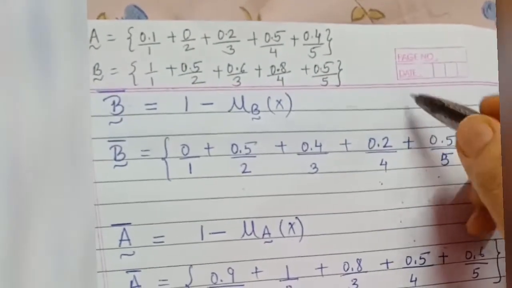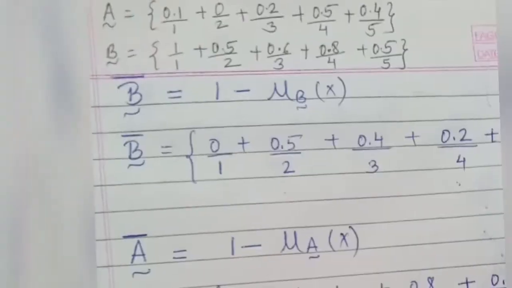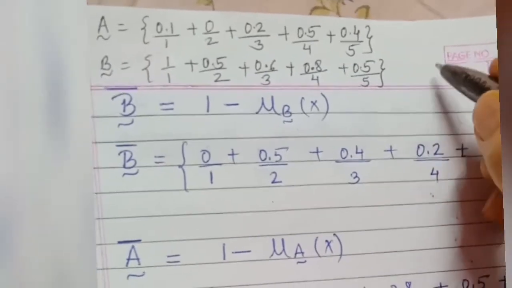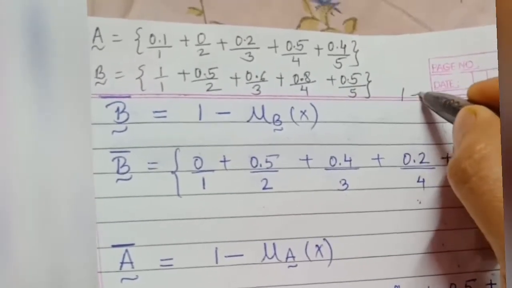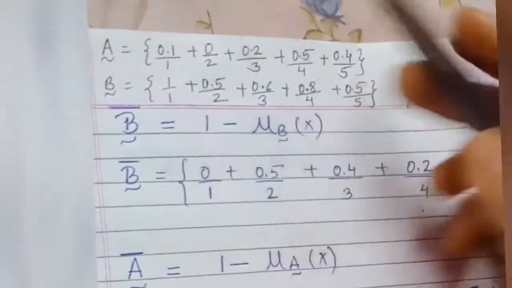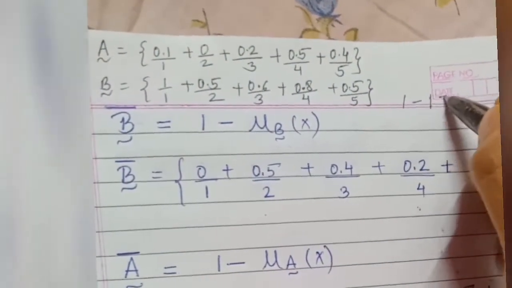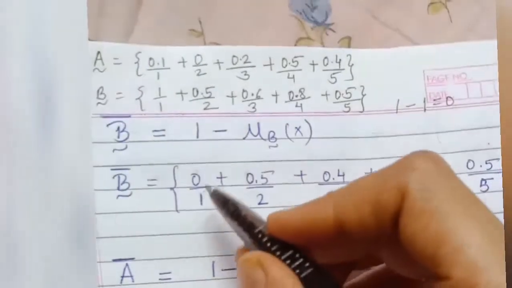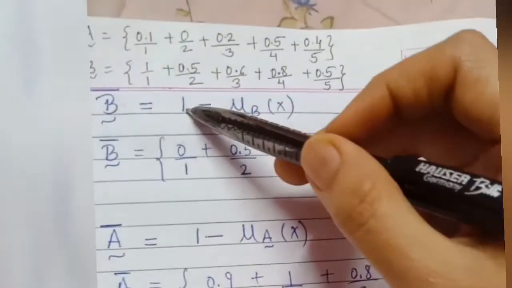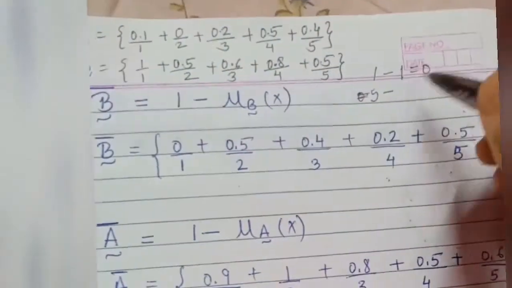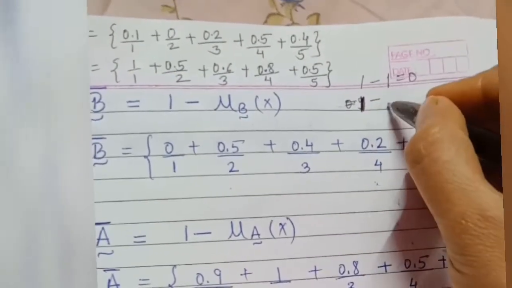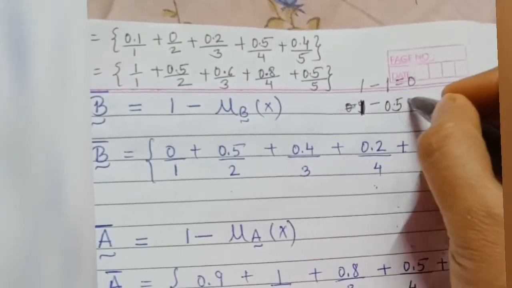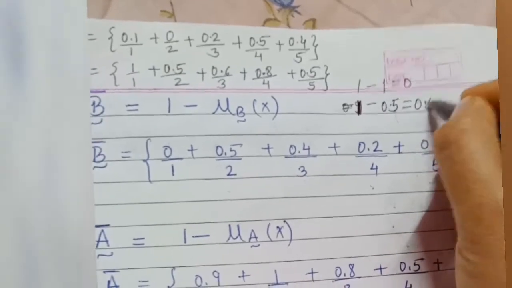So here to find B complement, we perform subtraction, that is 1 minus the first element, that is 1. This will give 0, that is the first element. Now for the second one, 1 minus 0.5 will give 0.5.